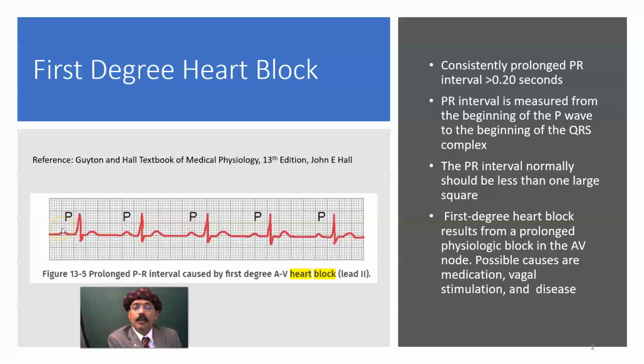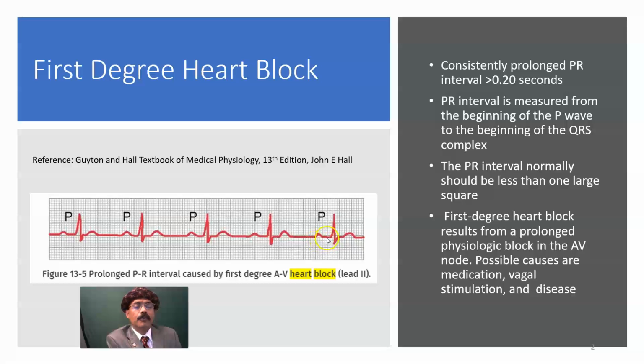So it should be around 0.20 second, because the smallest box comprises 0.04, so 5 times 0.04 equals 0.2 second. Our PR interval should not exceed this distance. So here it is exceeded, here it is exceeded, here it has exceeded more than a big box.